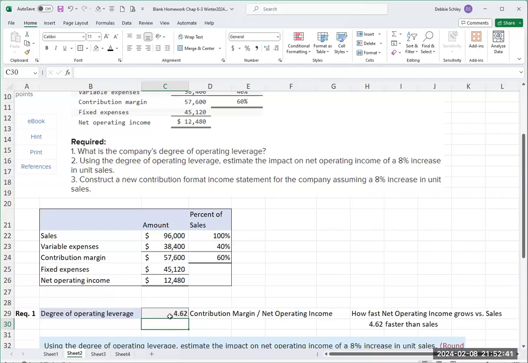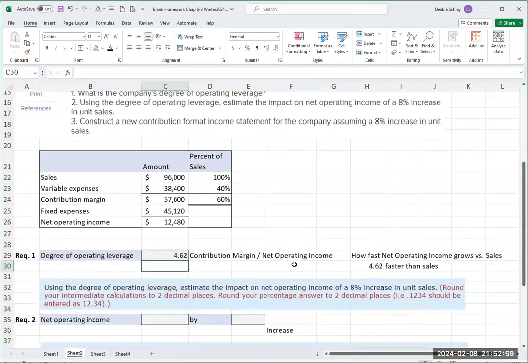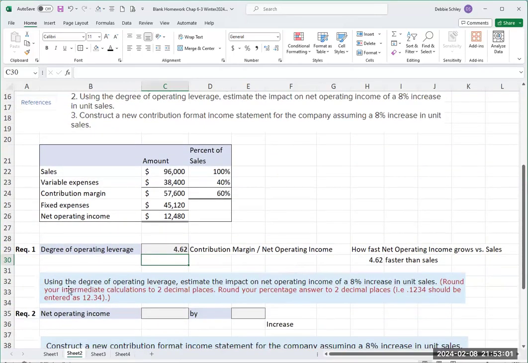So in my instance, my net operating income is going to grow 4.62 times faster than however much my sales grow, which is going to come in handy in required two, using the degree of operating leverage.